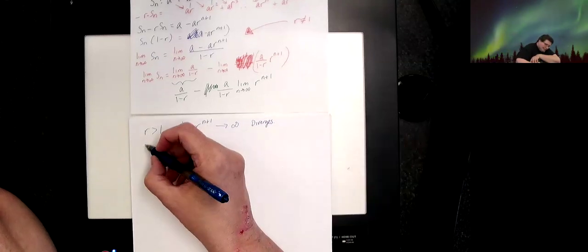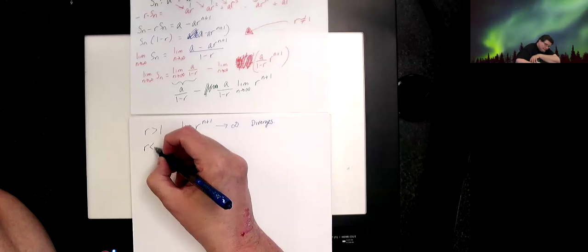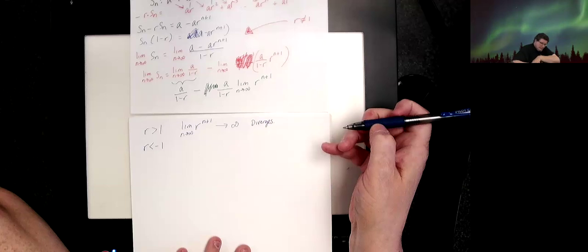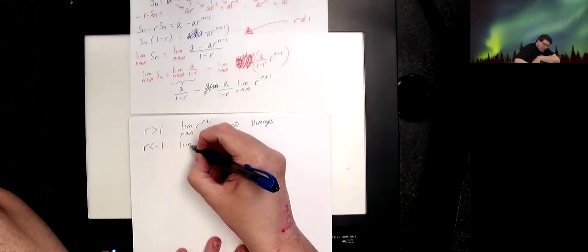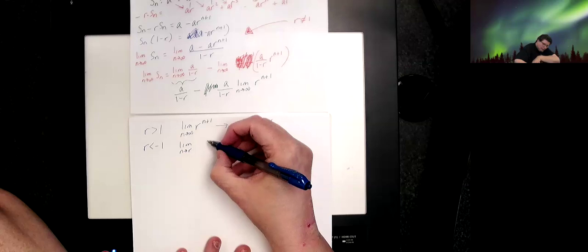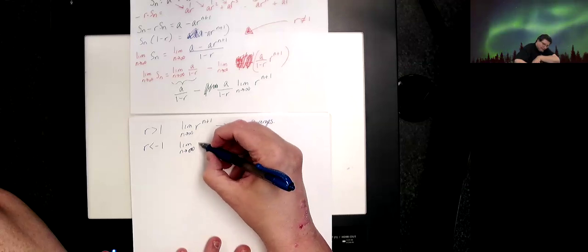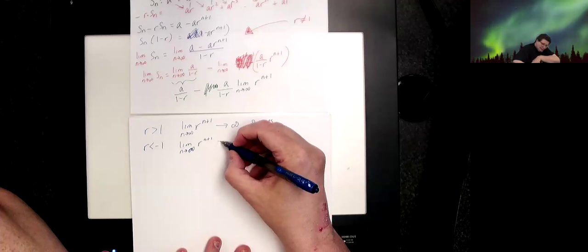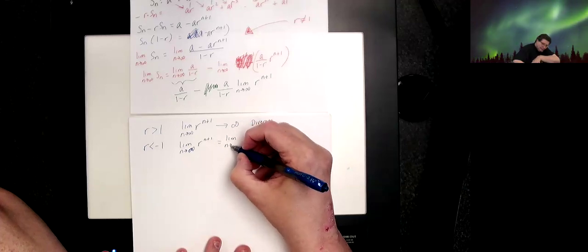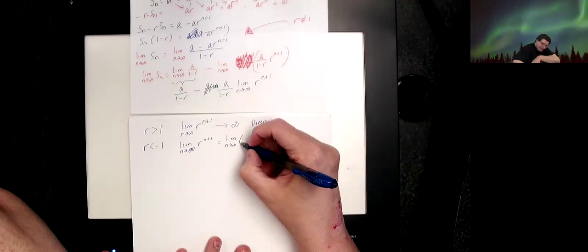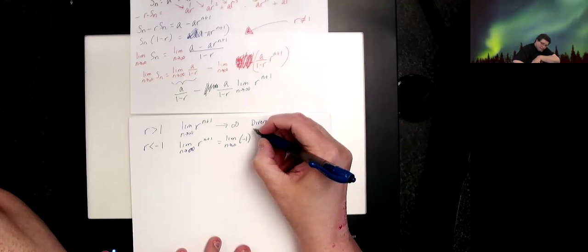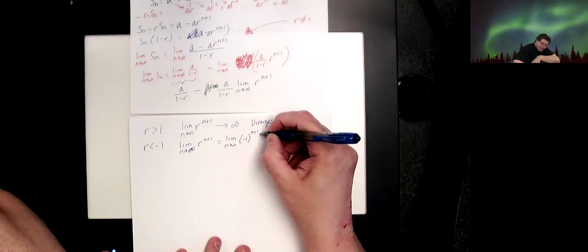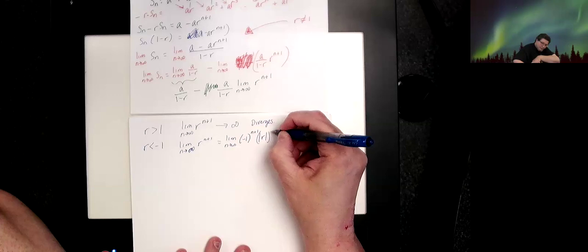If we have r less than -1, then the limit as n goes to infinity of r to the n plus 1 looks like the same thing as the limit as n goes to infinity of -1 to the n plus 1 times the absolute value of r to the n plus 1.